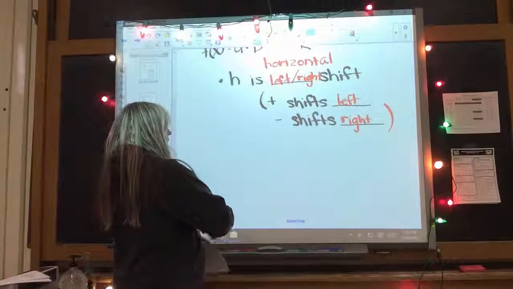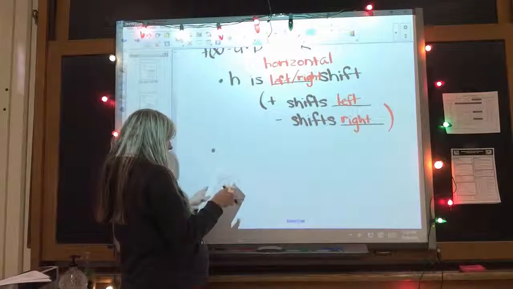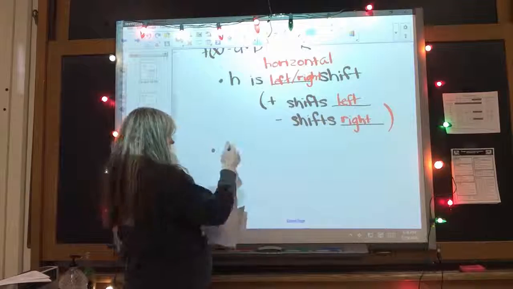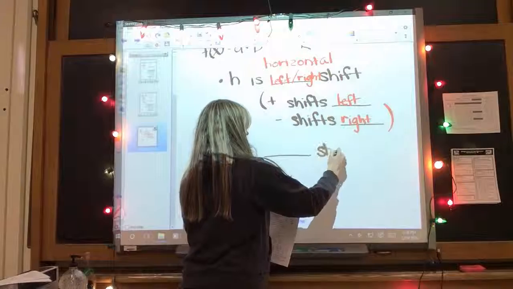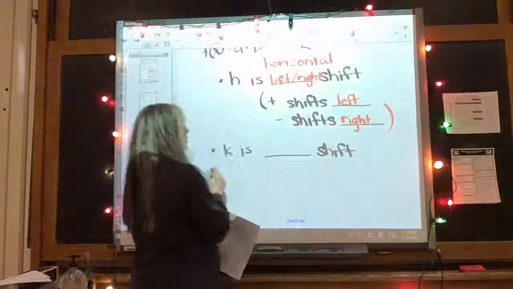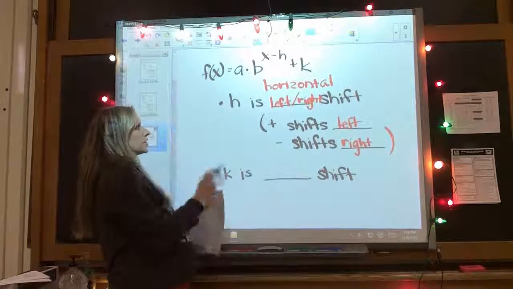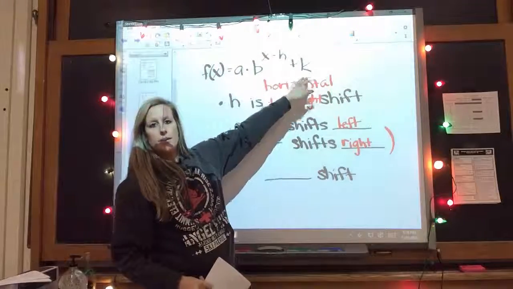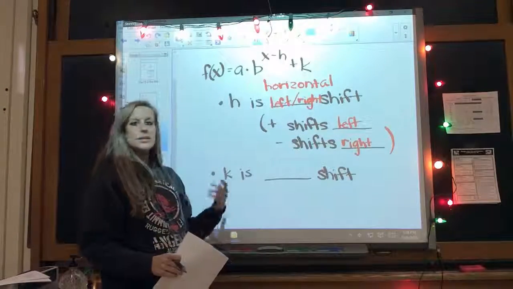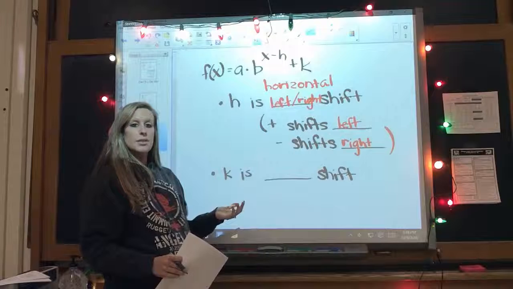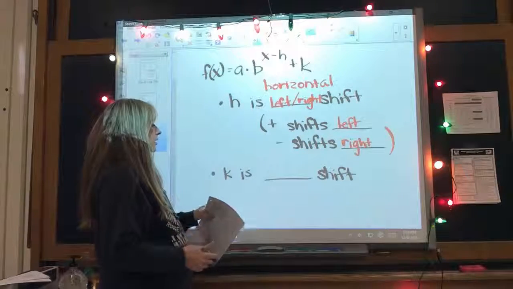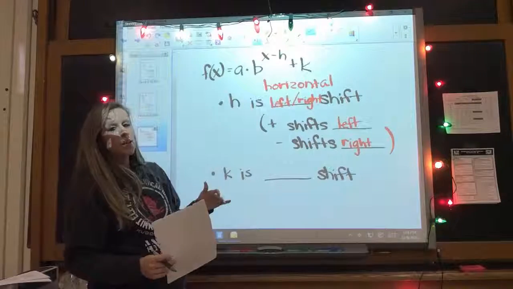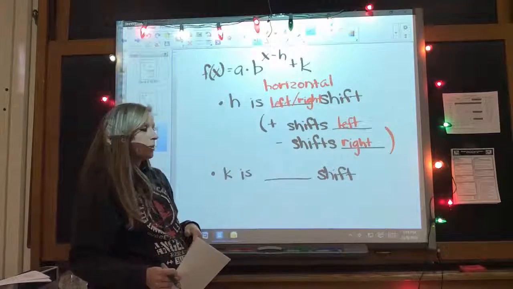Okay, the next part wants to know what kind of shift k has. Okay, so if you look at your equation, your k is the number at the end. So if we have plus a number at the end or minus a number at the end, you need to know how that moves. So it's going to move it either up or down, if you remember.